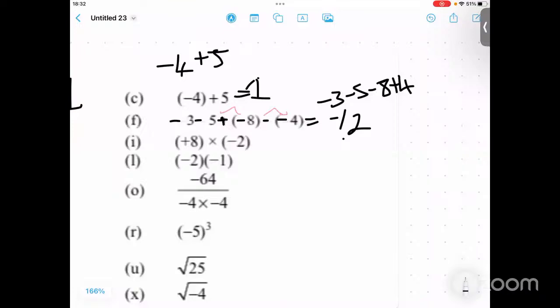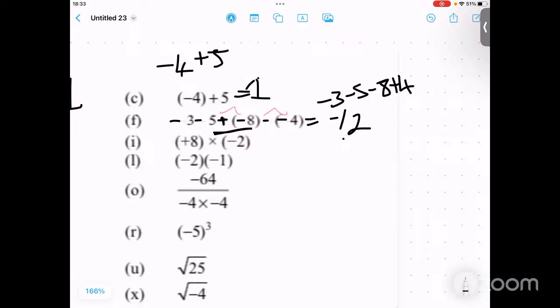Okay, so what Busisiwe did here is correct, by removing the brackets of -8 and -4. So she got -3 -5, and then the plus multiplied by the negative gave her a -8, because when we multiply a plus with a minus, we get a negative.